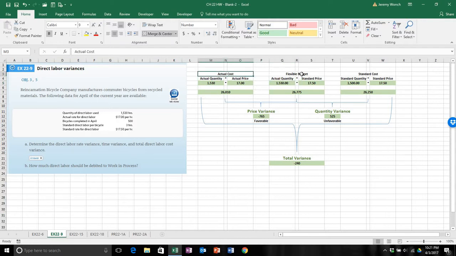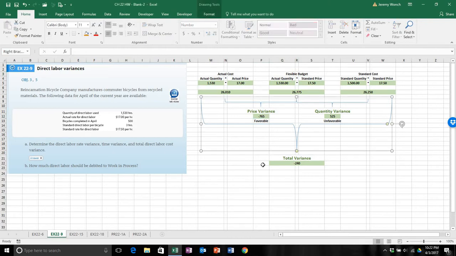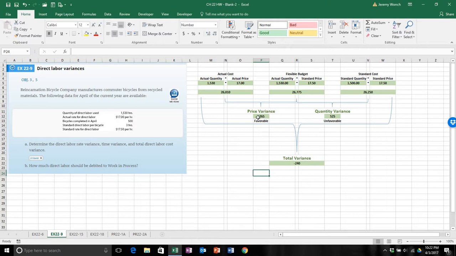So actual cost minus the flexible budget gives us our price variance at a negative $765. Now, that is a favorable variance. So it's a negative number, but it's still favorable. And so you have to think these through a little bit.